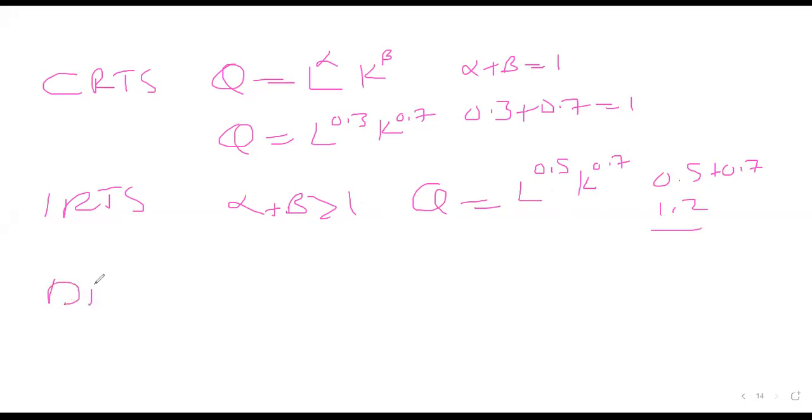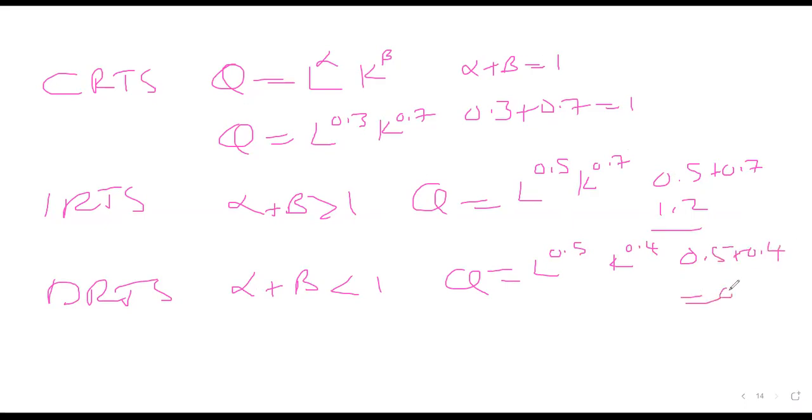Then we have the decreasing returns to scale, where our alpha plus our beta is less than 1. In an example where we have L is 0.5, here maybe 0.4. So we total the powers there, 0.5 plus 0.4, get 0.9, it's less than 1. So this typifies what we call the decreasing returns to scale.